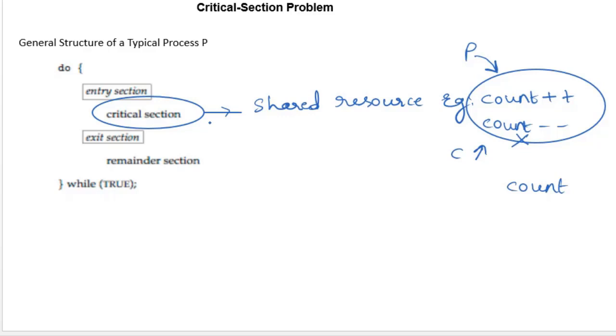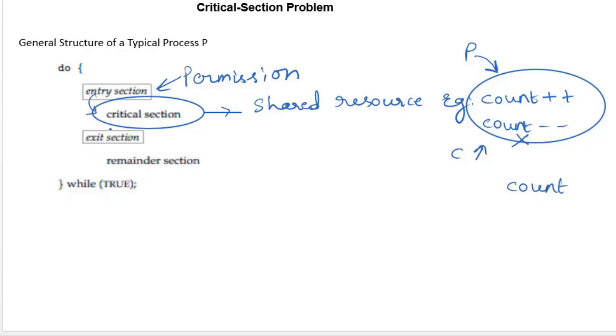To ensure this, each process must ask permission to enter into its critical section, and this piece of code is called as entry section. What is entry section? It contains code where a process asks permission to enter into the critical section.